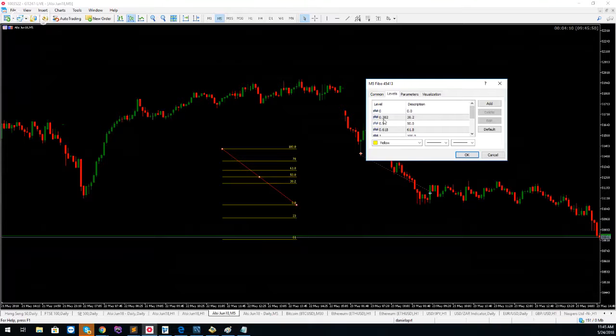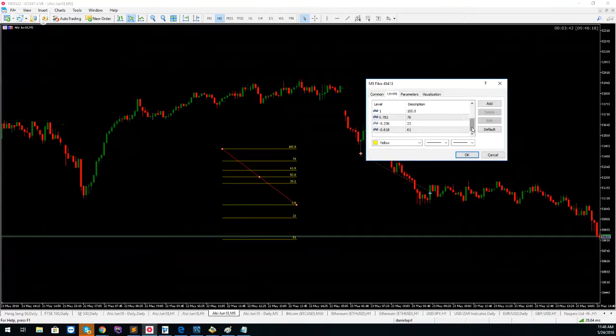The 0.382, otherwise known as 38.2%, the 0.5, which is the 50%, the 0.618, which is the 61.8%, 1, which is 100%, 0.782, which is the 78%, then minus 0.236, which is the 23%, and then minus 0.618, which is the 61%.